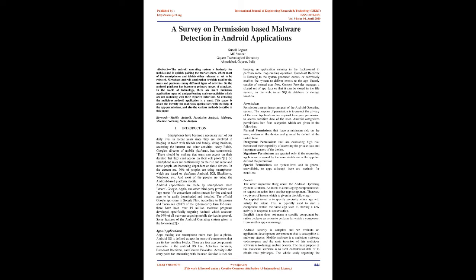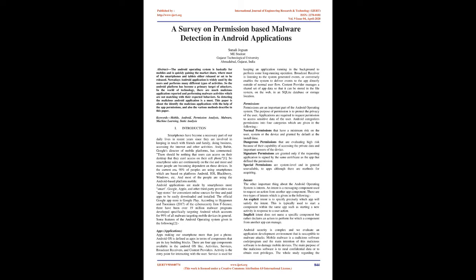The Android OS defines apps in terms of components that are its key building blocks. There are 4 app components available in the Android OS: activities, services, broadcast receivers, and content providers. An activity is the entry point for interacting with the user. A service is used for keeping an application running in the background to perform some long-running operation.